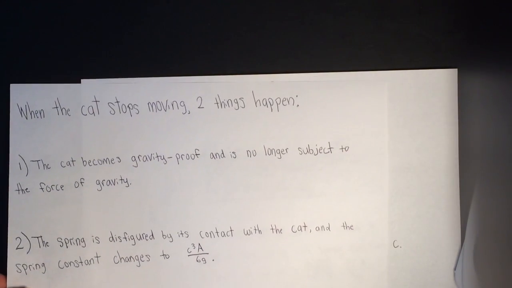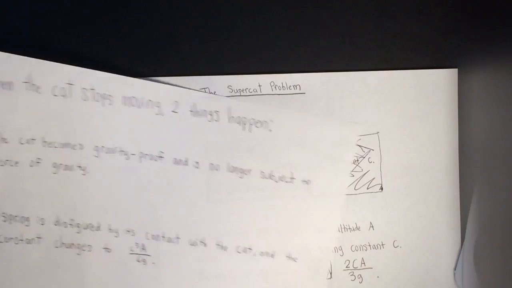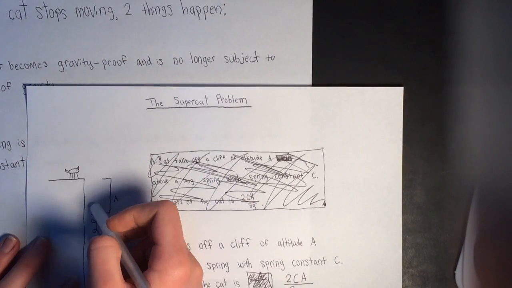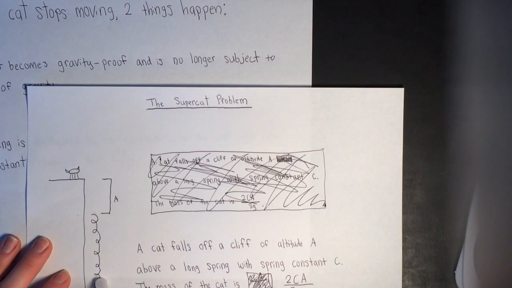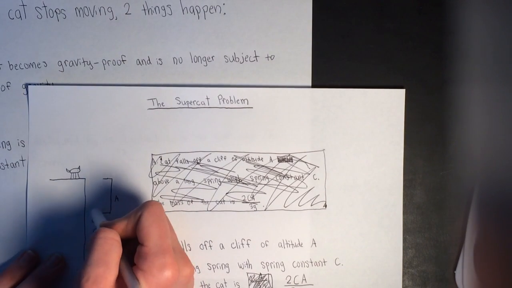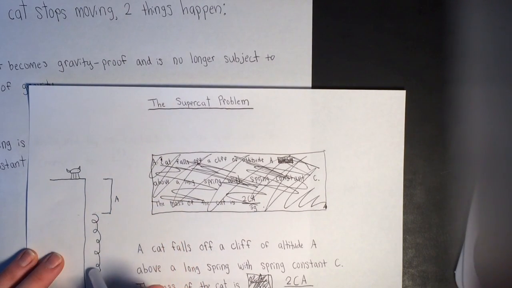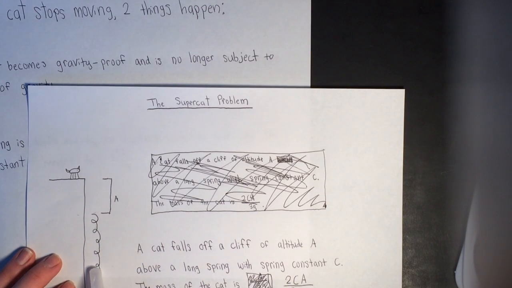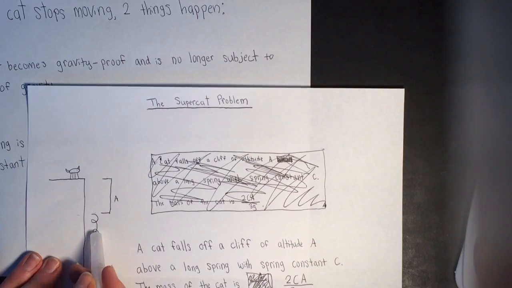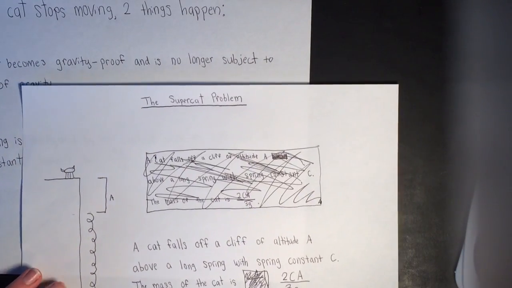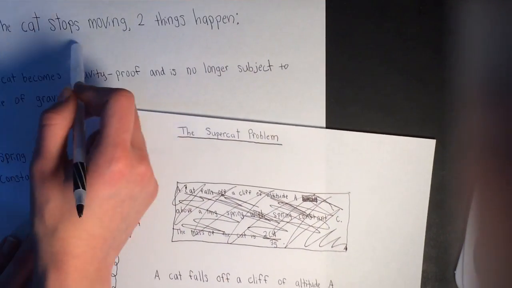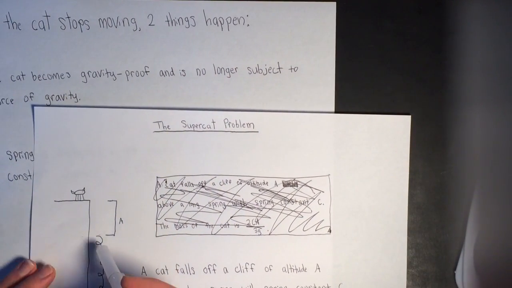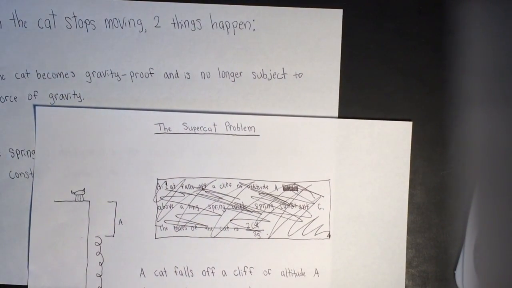Now, when it says when the cat stops moving, what it means is once the cat compresses the spring as much as it's going to compress the spring. So the cat is going down, slowing down, and then for one moment it stops moving, and then the spring is going to start pressing the cat back up. So the moment that the cat isn't moving is the moment that it goes as low as it's going to get.